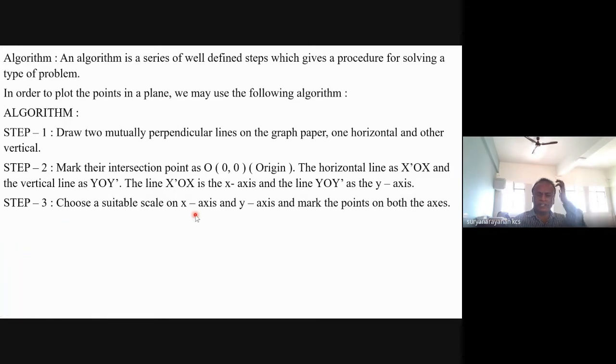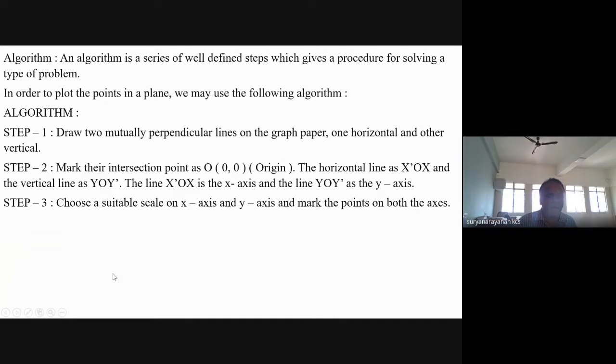Previously, I told you 1 centimeter equals 1 unit on the x-axis, and on the y-axis, 1 centimeter equals 1 unit. According to the problem, we have to choose a suitable scale on both axes. After choosing the scale, we have to mark the points on both axes. Okay, my children. Understood?